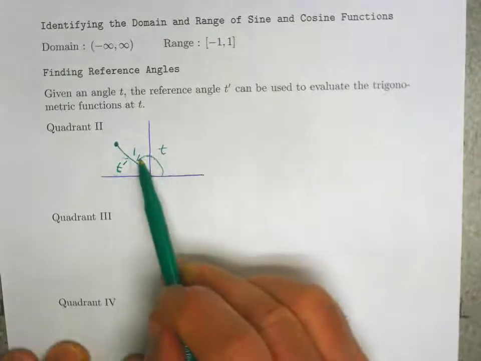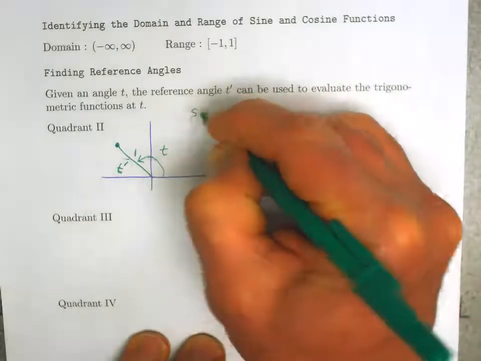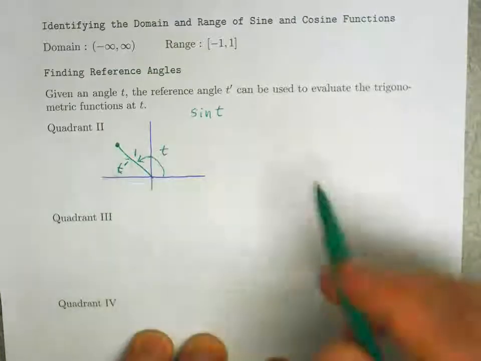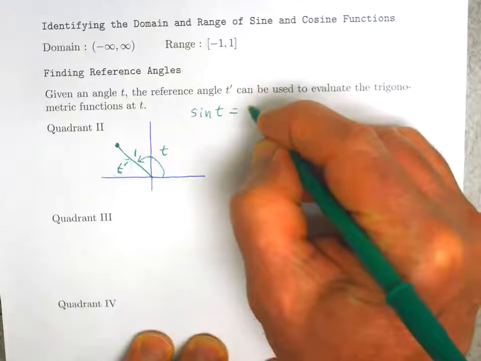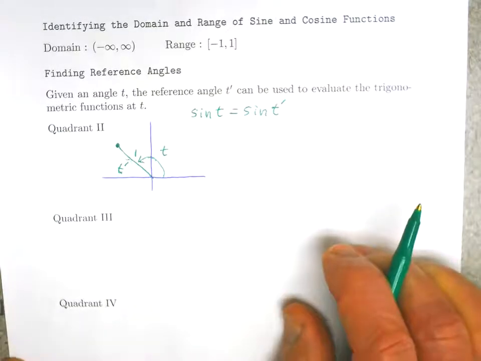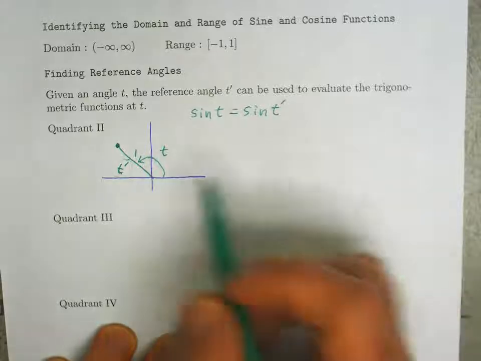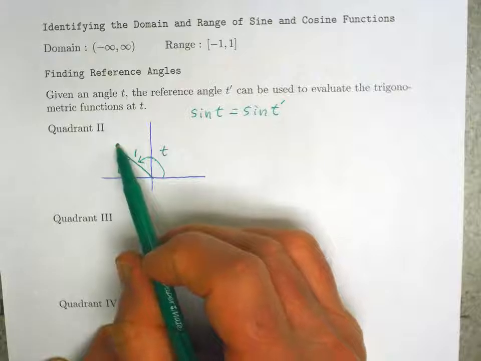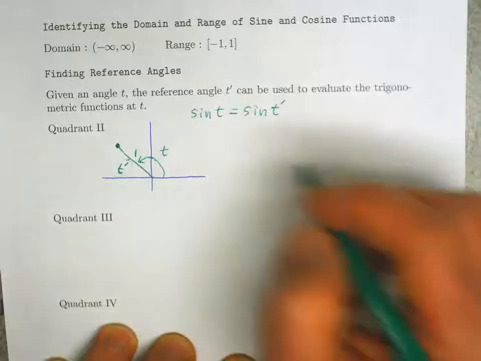Okay, so since t is in the second quadrant, we know that sine of t is positive. So the sine of t has the same value as the sine of the reference angle t prime. But we also know that in the second quadrant, the y-coordinates are positive, but the x-coordinates are negative.